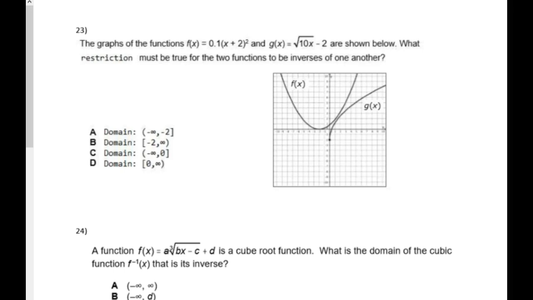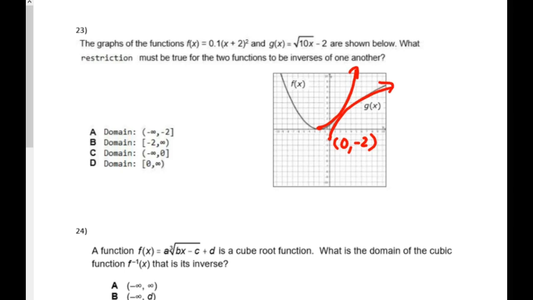Alright, what restrictions must be true for the two functions to be inverses of each other? Do you see how this one only goes from 0? So, rewrite that. Right here, this is (0, -2). Flip it over, (-2, 0). Only this will be reflecting only this.